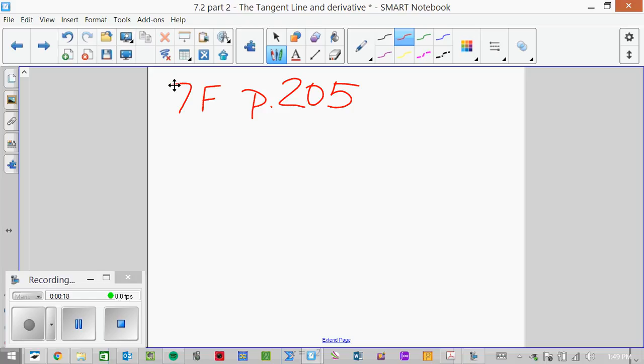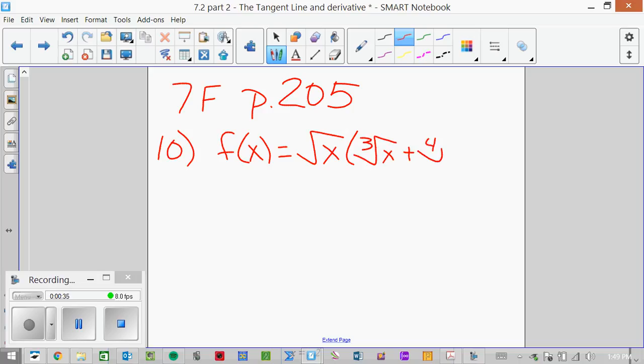Okay, so number 10 says that f of x equals square root of x times cubed root of x plus the fourth root of x. Okay? So we can't do anything with radicals.